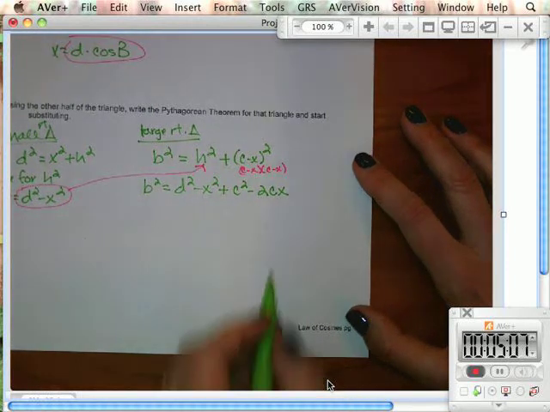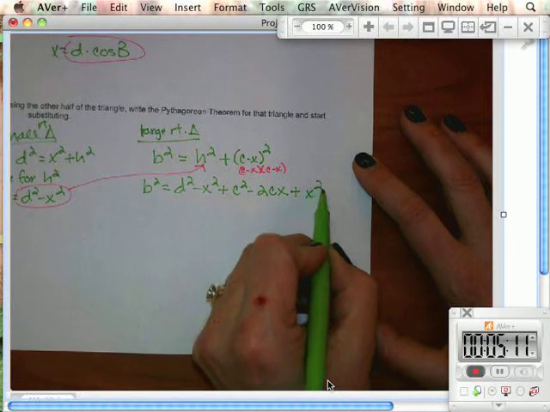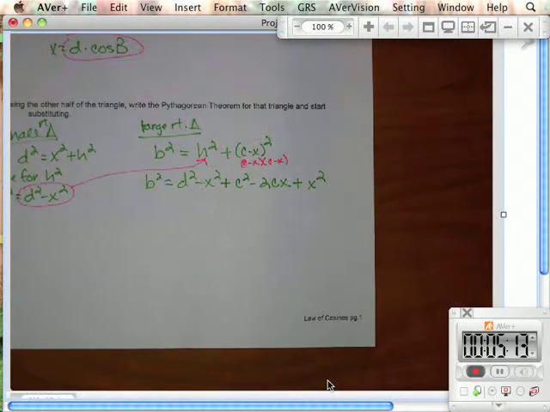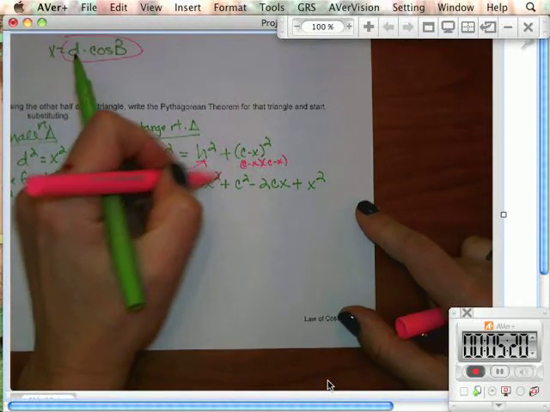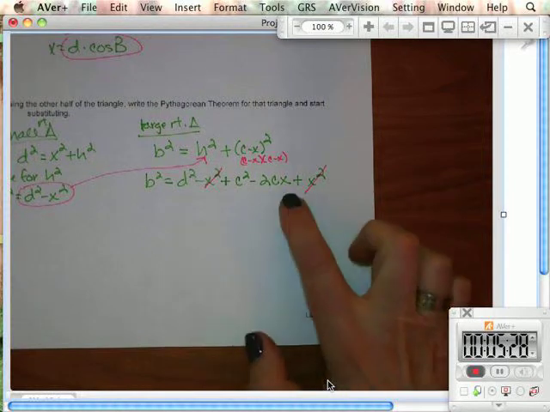What's at the end? X squared. Okay, now let's take a look at this. Maybe we can simplify. What can we do? Ah, the x squareds cancel out. Okay, cool. Now, I see a b squared, a d squared, a c squared. I see a c. What's the odd man out here?